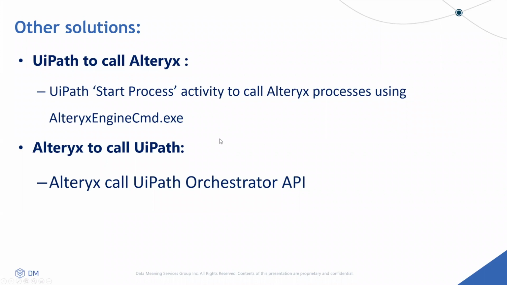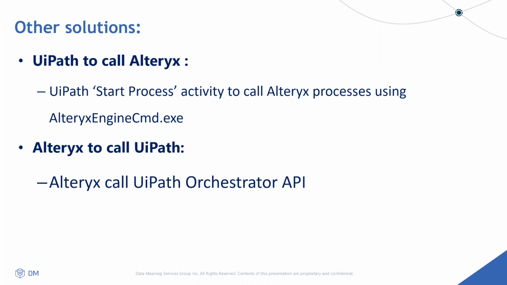And when we talk about Alteryx calling UiPath, the method I just introduced leverages UiRobot, which is an executable. But we could also leverage the UiPath Orchestrator API. It's also a REST API, and you can leverage it to build your own process and integrate with Alteryx. Alteryx provides many tools for you to develop such solutions.